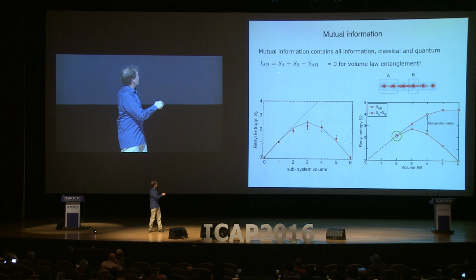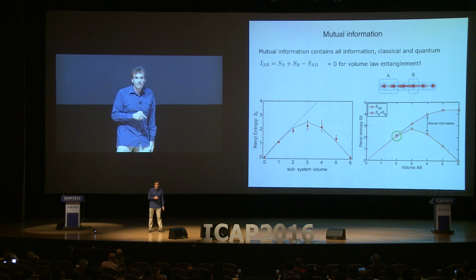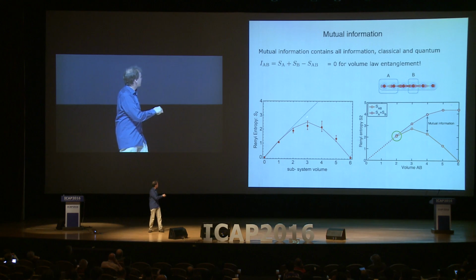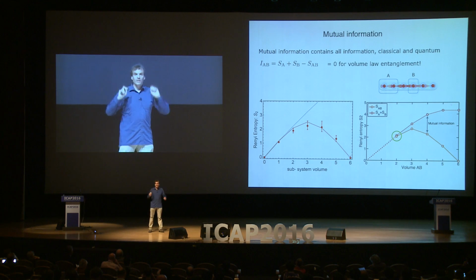And you see, if the entropy is linear in the volume, then S_A plus S_B minus S_AB is 0. So that means as long as this grows linearly, as a volume, there is no correlation between two parts. A and B will be completely uncorrelated. So everything's fine again, right?